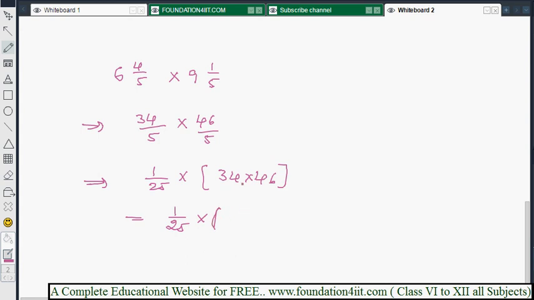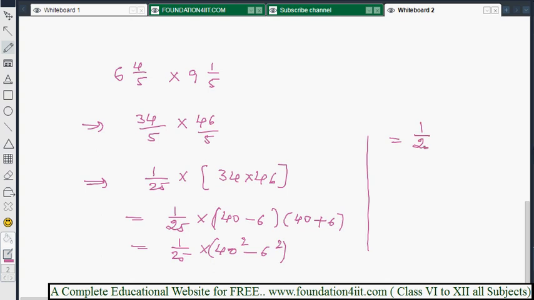Only for these top values, 34 is 40 minus 6 and 46 is 40 plus 6. So applying with 1/25, we get 40² − 6² in the bracket. So 1/25 in the bracket, 40² is 1600, 6² is 36, so subtract: 1600 minus 36 is 1564.